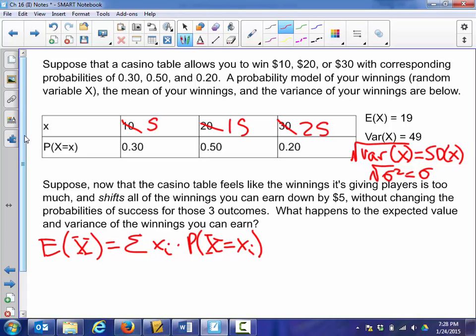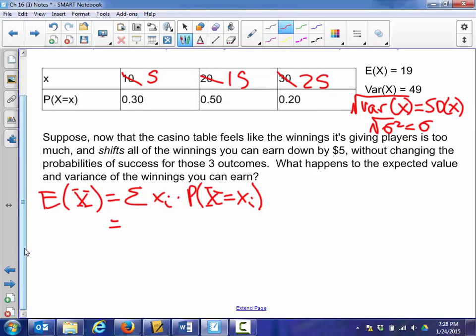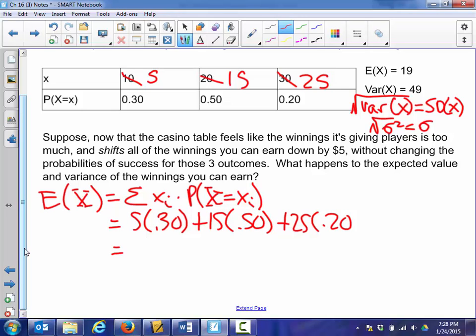So we take 5 times 0.30 plus 15 times 0.50 plus 25 times 0.20, and when you simplify that, your expected value is 14. By shifting all the values down 5, perhaps unsurprisingly, the mean is 5 less as well.